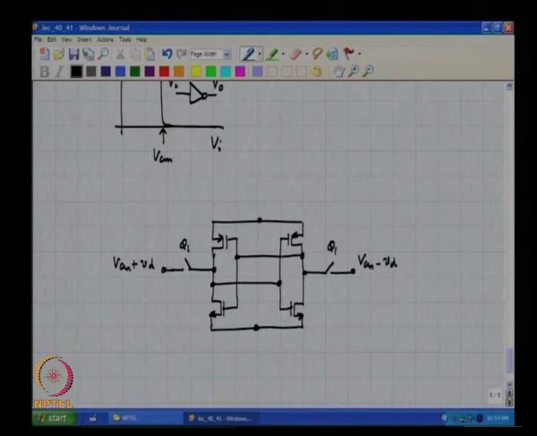So, the sampling instant of the latch, this by the way is called a latch, as you all know. The sampling instant of the latch is nothing but the instant at which the input is being sampled onto the two nodes of the latch. It depends on phi 1, and which edge of phi 1 is the sampling instant?